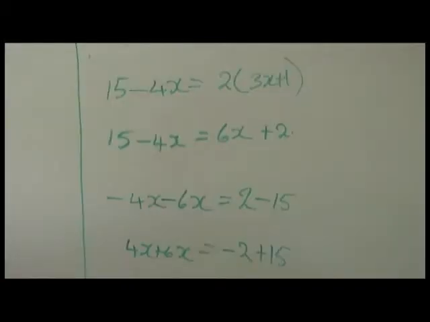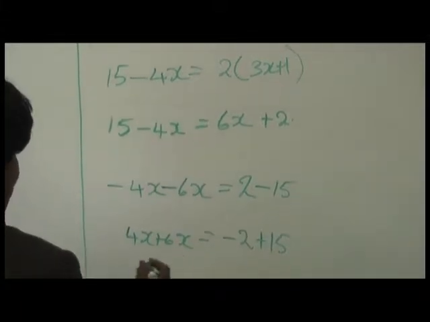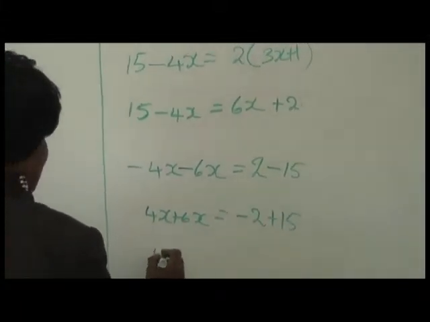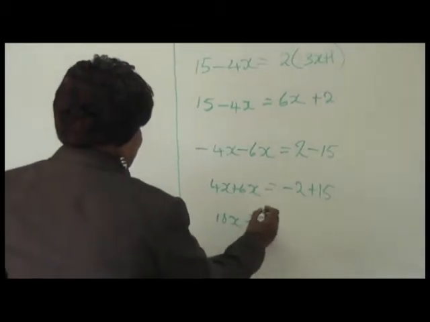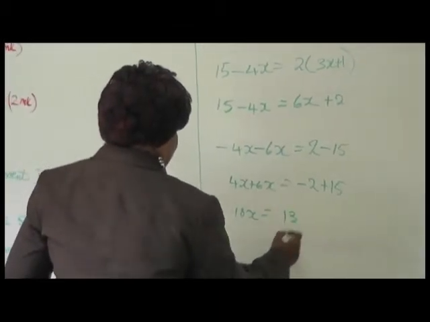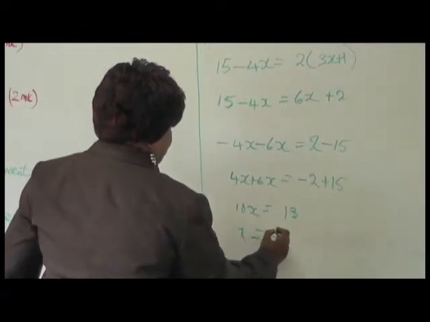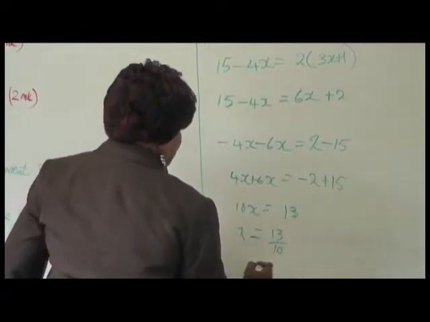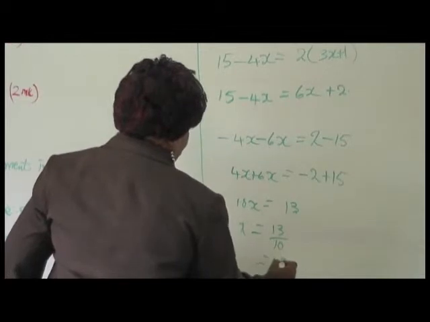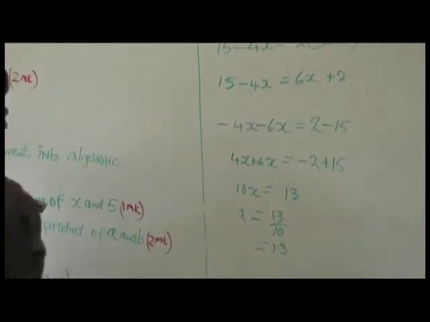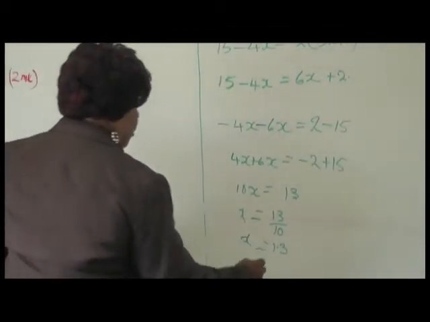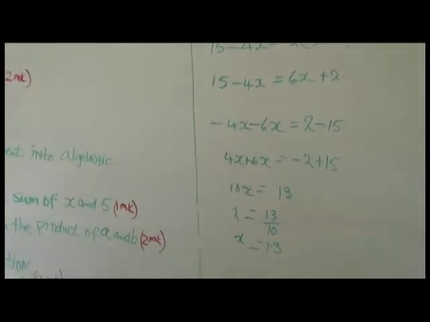And I'm allowed to do that because what I do to one side, I have to do to the other side. So here now, I would be left with 10x equal to 13. And then x would be equal to 13 upon 10, which is equal to 1.3. Okay, so my value here is that x is equal to 1.3.